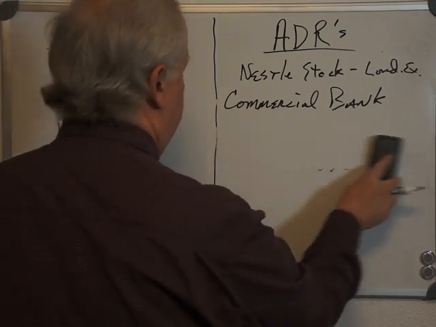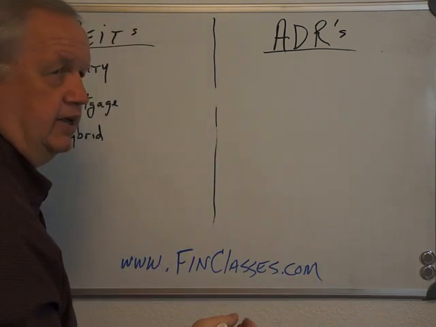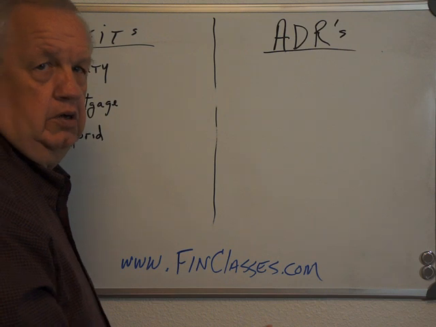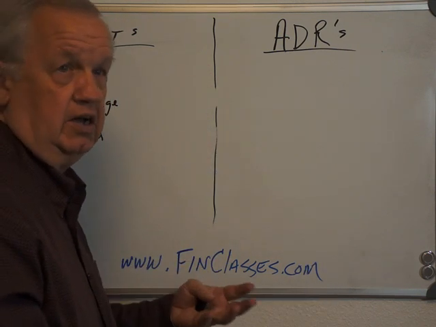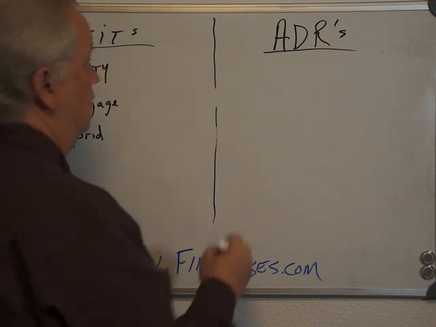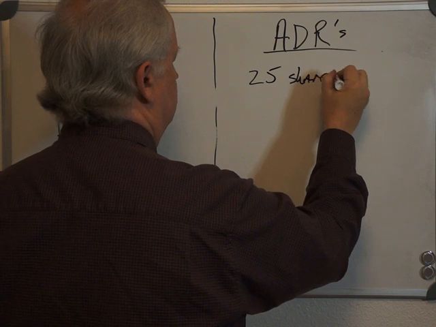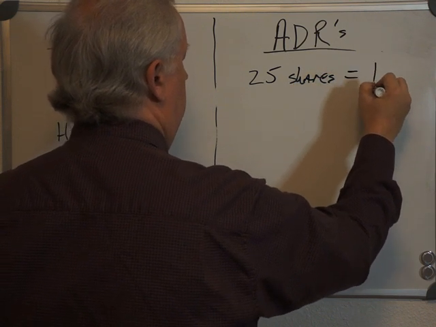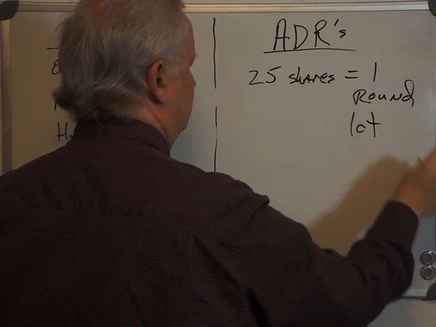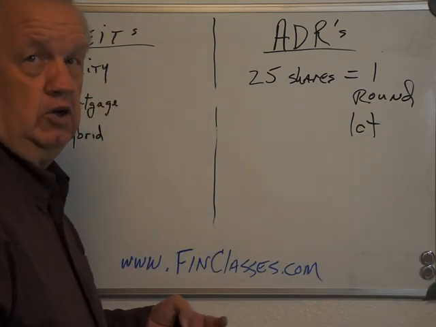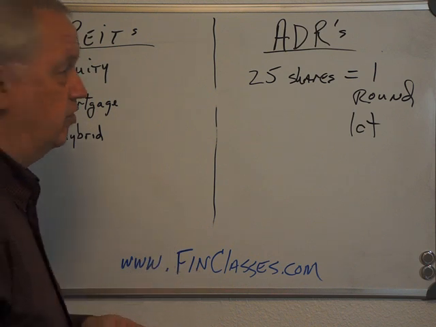So if we have an ADR that is 1-to-4, one share of ADR equals 4 shares of Nestle common stock. 25 shares equals one round lot. It would be the equivalent of 100 shares, which is a round lot when you trade.